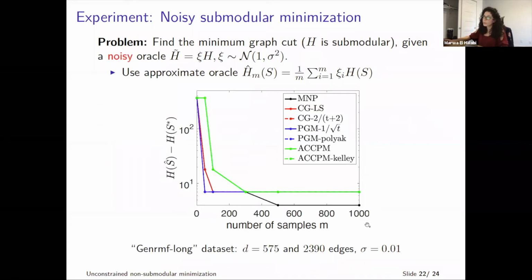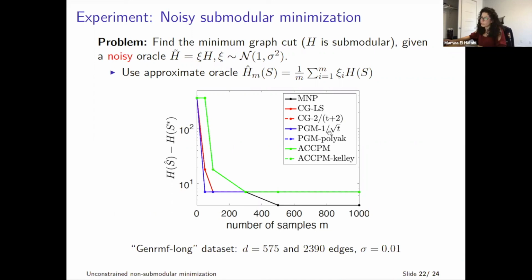So in this case, I'm showing the performance of several classical algorithms that I use for submodular minimization, not only the projected gradient method. If you're familiar with them, you would know them. This is the minimum point algorithm, the conditional gradient method, or Frank-Wolfe method, if you know this one.